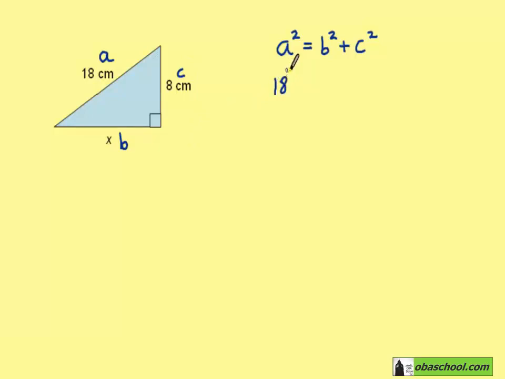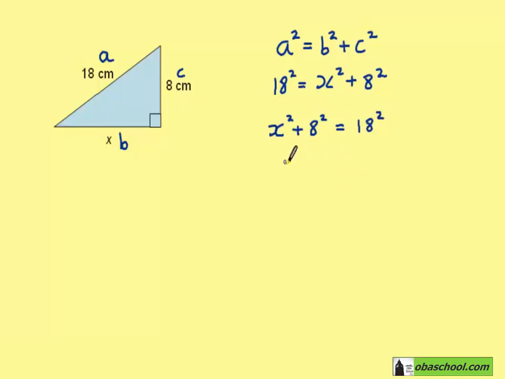Substituting in, we have 18 squared is equal to x squared plus 8 squared. Since these two things are equal, there's no reason we can't write x squared plus 8 squared is equal to 18 squared.